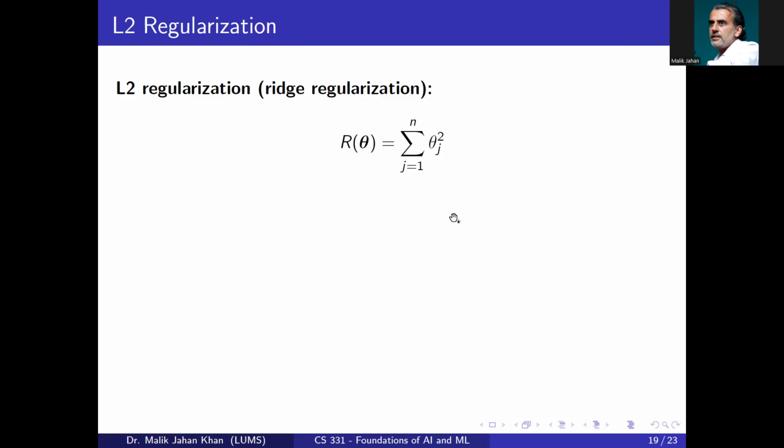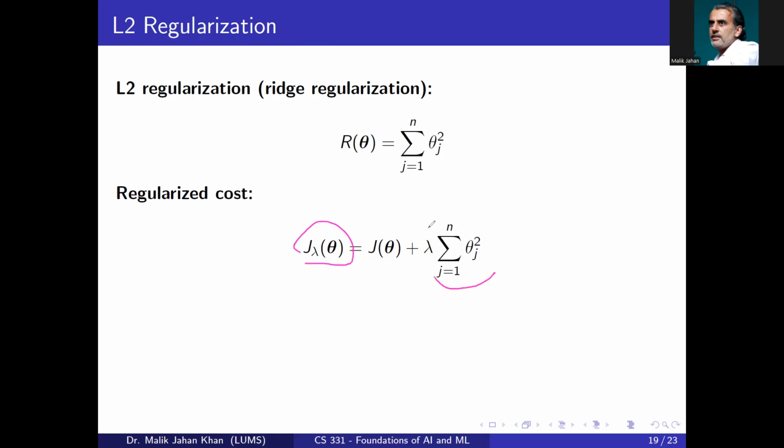Two famous regularization techniques are, one is called ridge regularization, also called L2 regularization. Here R theta just does the sum of squares of theta, and as a result, this R theta gets included in the modified loss function.